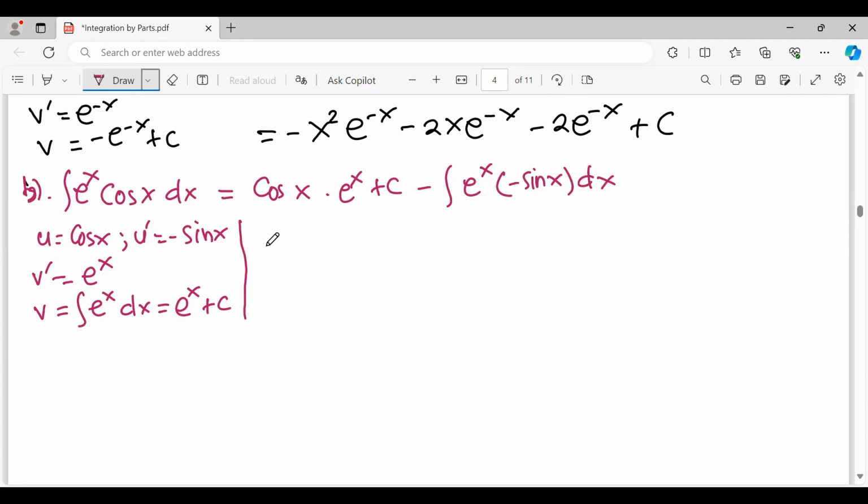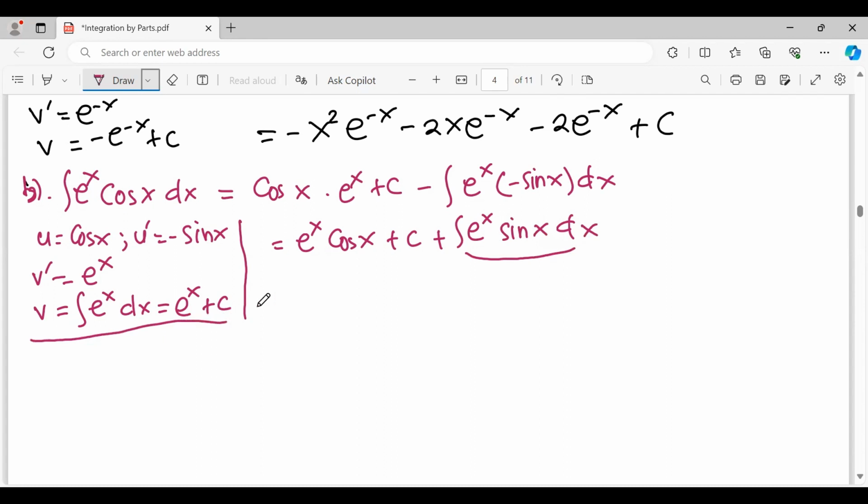So it becomes e power x cosine x plus c, plus the integral of e power x sine x dx. I'm going to describe this as the second integration by parts.